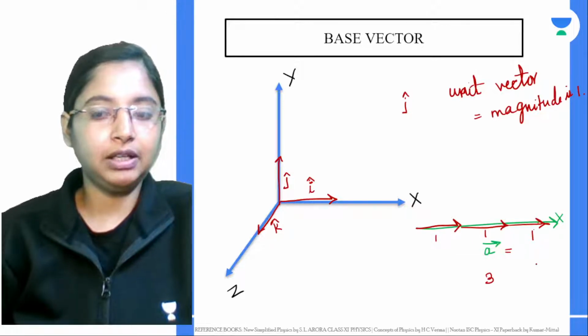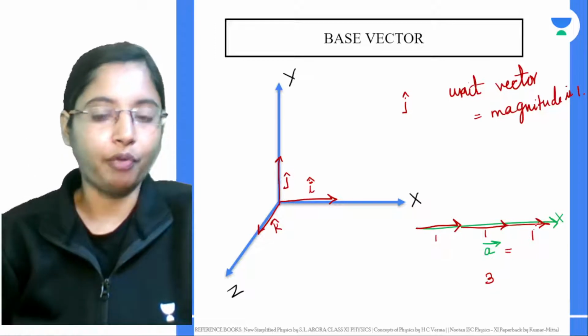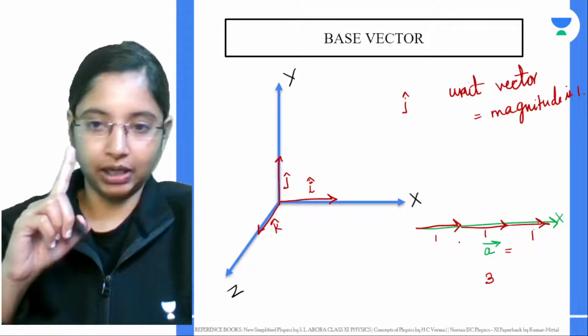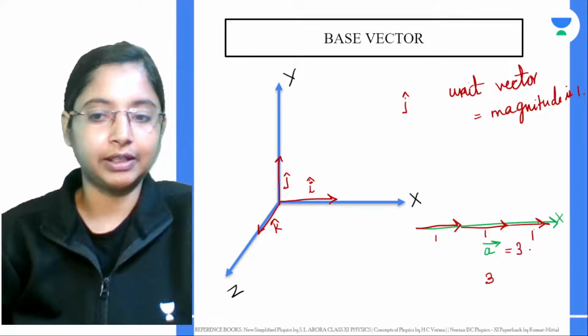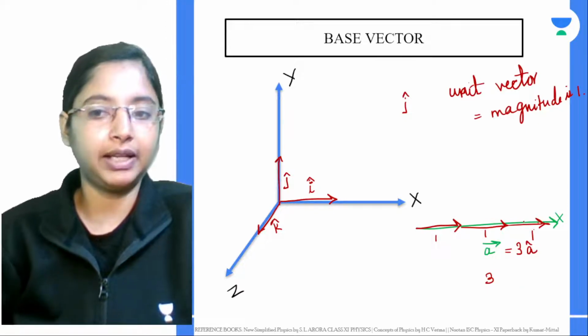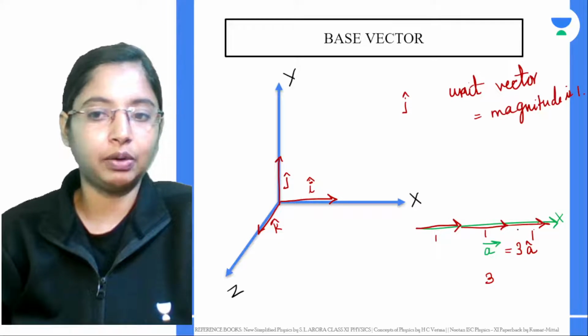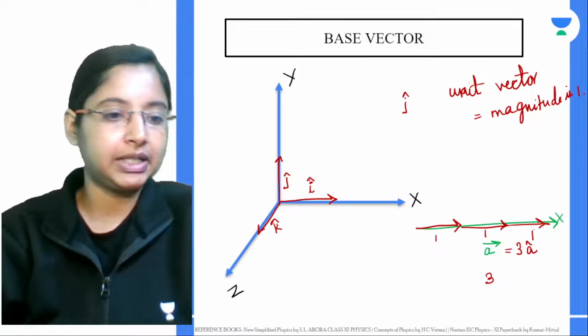Now these three unit vectors that we have taken each have a magnitude of 1. How many vectors are there? 3 vectors are there. So we can say 3 into a cap. That again gives you the same length of the vector. Only thing we have done is we have made this vector into a unit vector. So each magnitude is actually 1. Now it becomes easy with calculation.